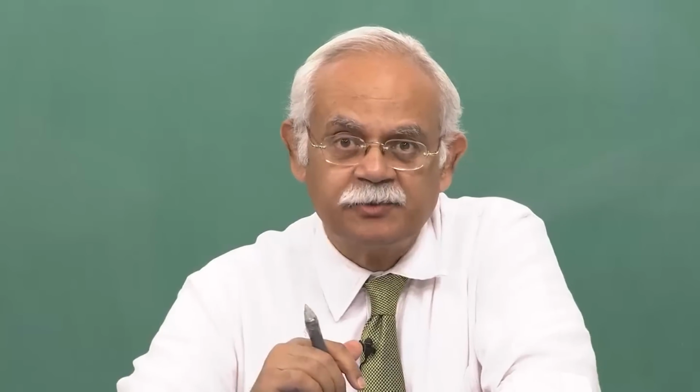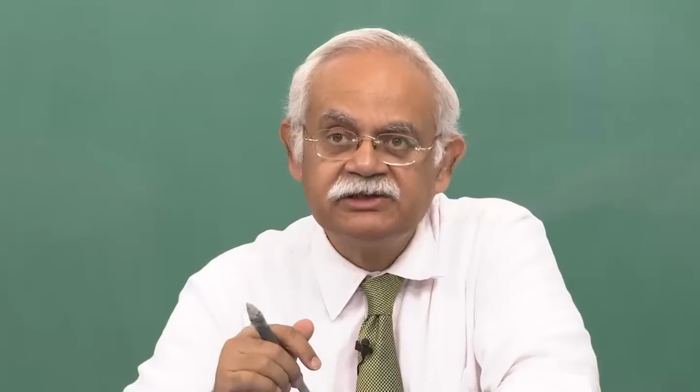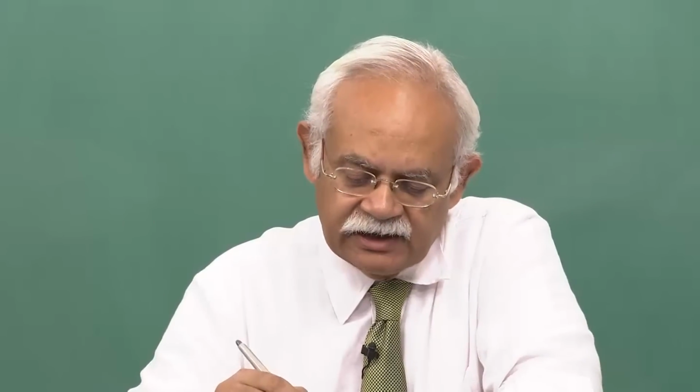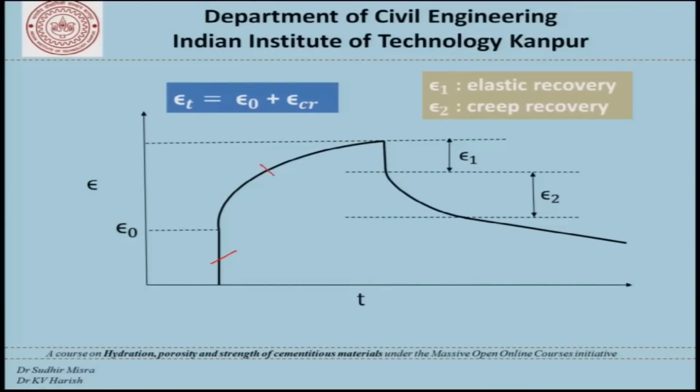Now, the strain response over time would be similar to that when we saw in the loading cycle. In the loading cycle, we had elastic strain and creep strain. In the unloading cycle, we will have an elastic recovery which will happen immediately, and we will have a creep recovery which will carry on over a long period of time.